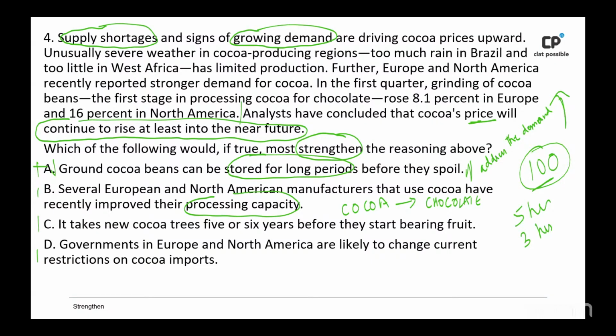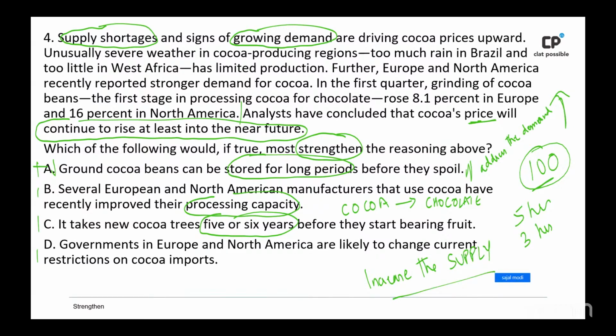C says it takes new cocoa trees 5 or 6 years before they start bearing fruit. 5 or 6 years. So one way to address the demand is to increase the supply.